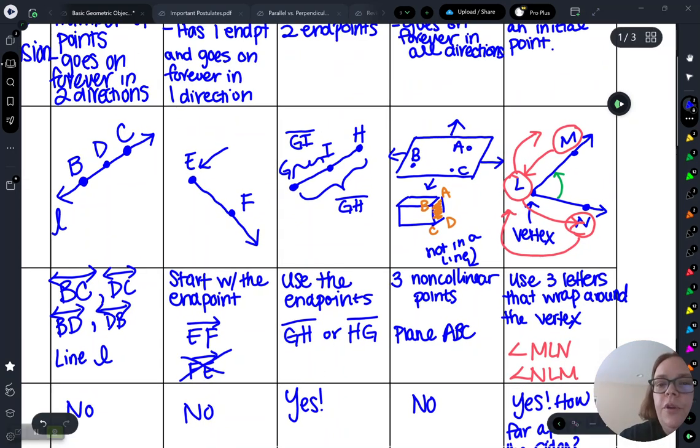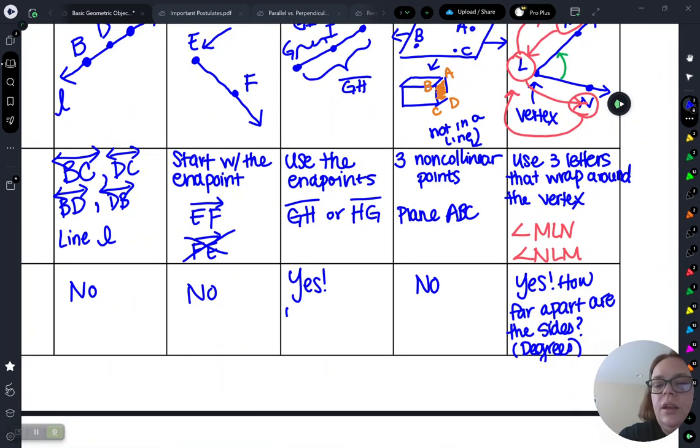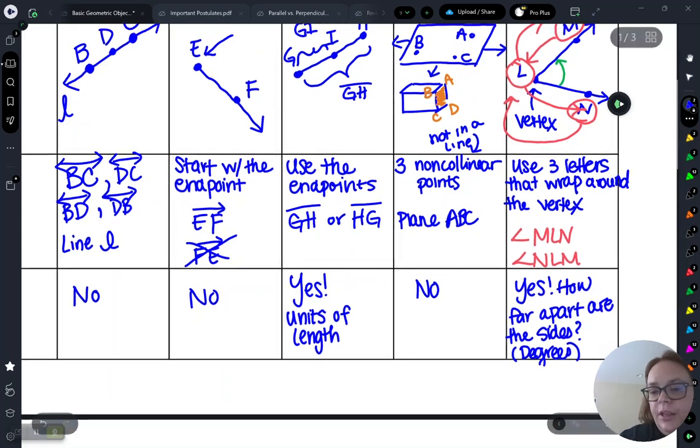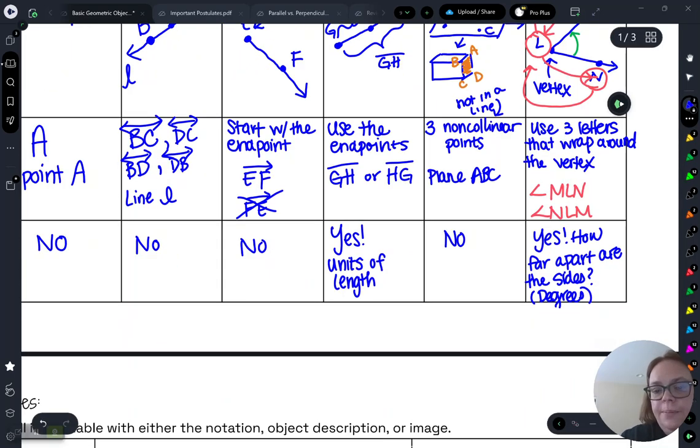And for the segment, we use units of length. We're obviously looking at how long it is. You could use a ruler. Sometimes you could use properties. If we're in a graph, it's different how we measure it. So yeah, we'll learn all that.